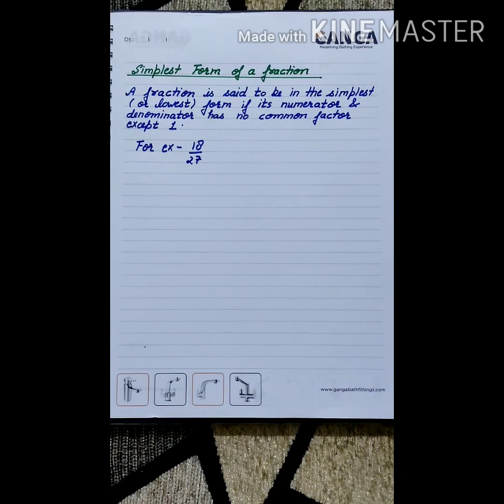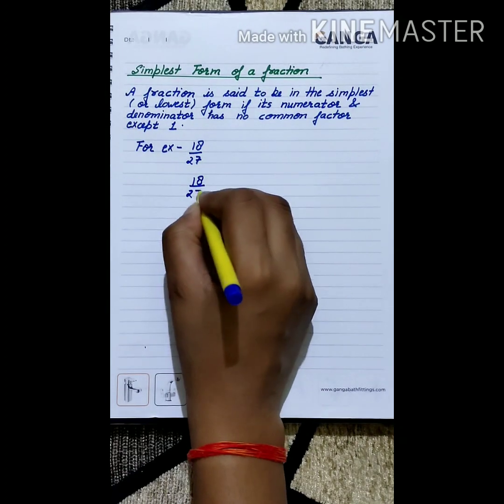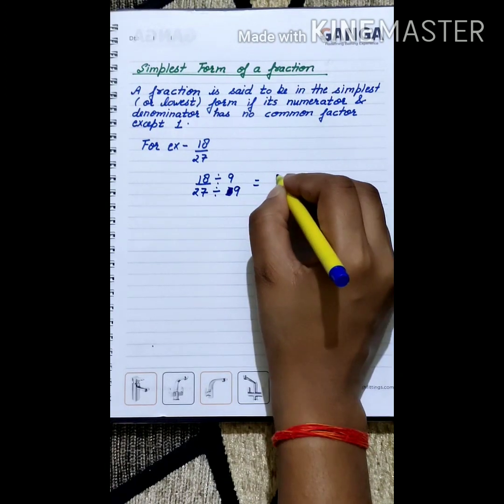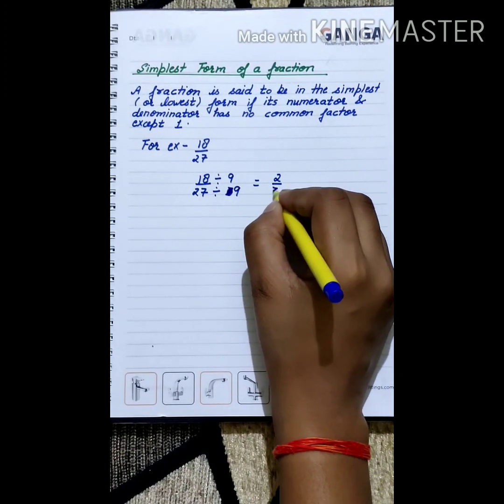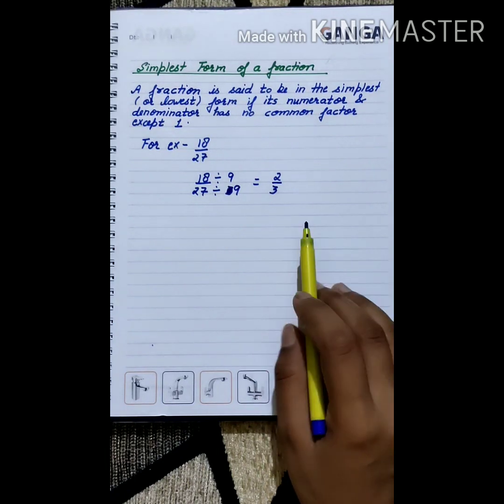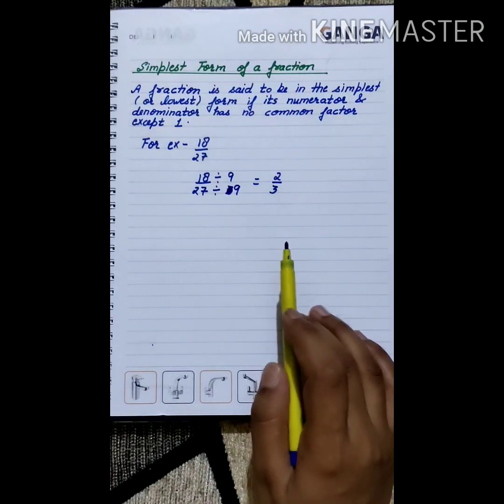So we divide both numerator and denominator by 9. And after division we will get 2 upon 3. Now both numerator and denominator have no common factor except 1. Therefore it is in simplest form.